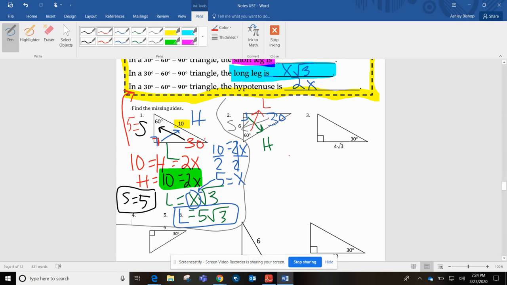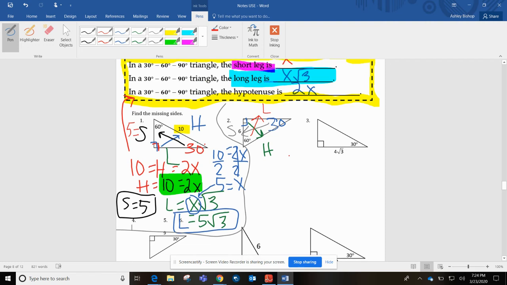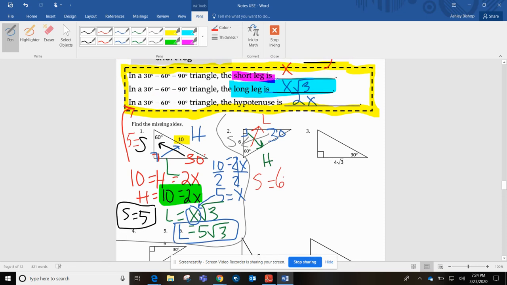With that being said, your next step is going to be to write down what you have. The only piece of information we have is right here, when I tell you that the small side is equal to 6. So small is equal to 6. Then your next step after you label what you know is to go to your rules. What do we know about the short leg or the small leg?